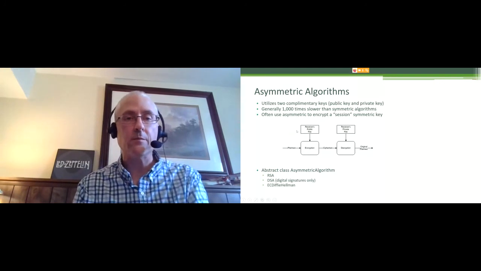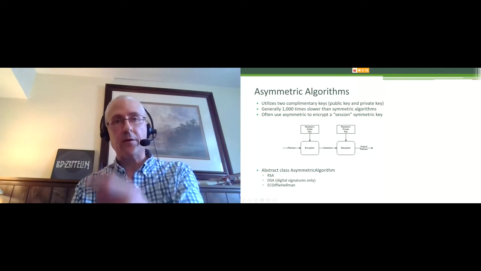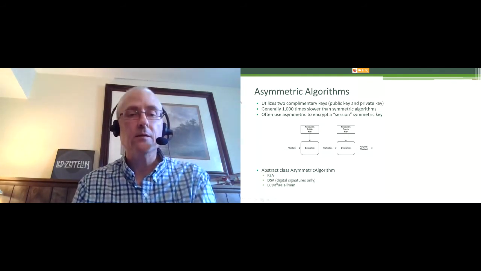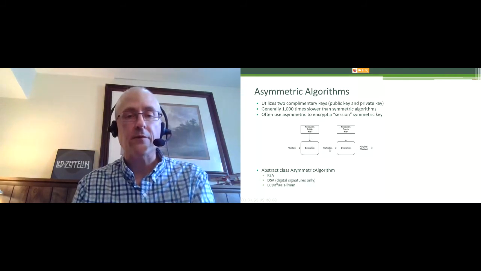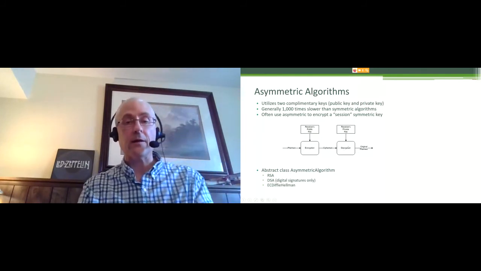So the idea with asymmetric is each person will create their own public and private key pair. If I pick someone out of the chat, I would get their public key. I would take my plain text and encrypt it using their public key. I have ciphertext. As soon as I do that, no one can decrypt that, including me.